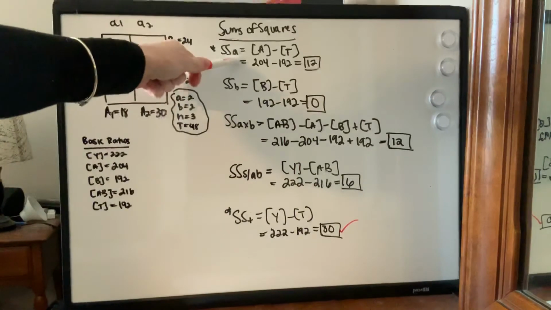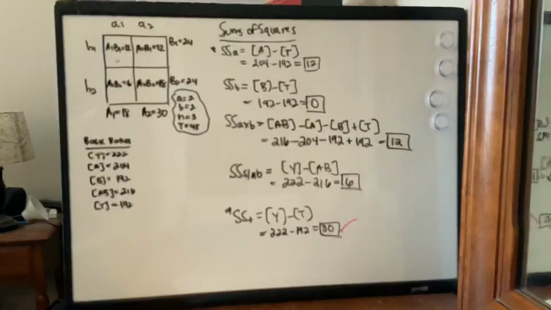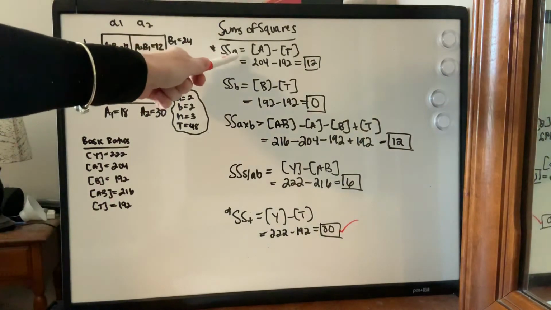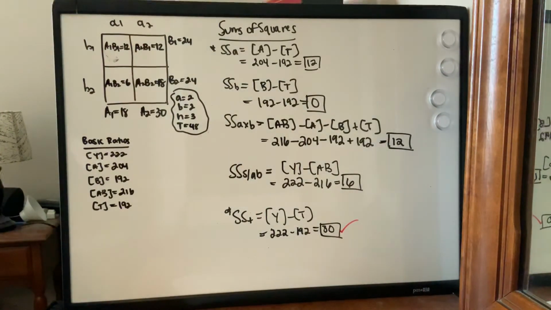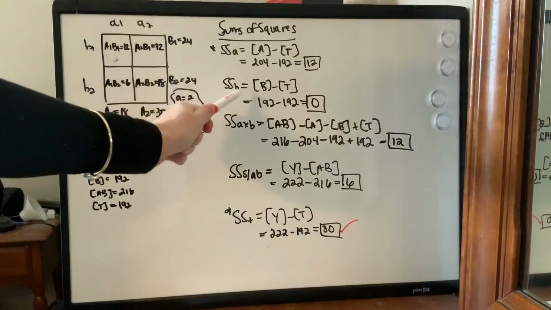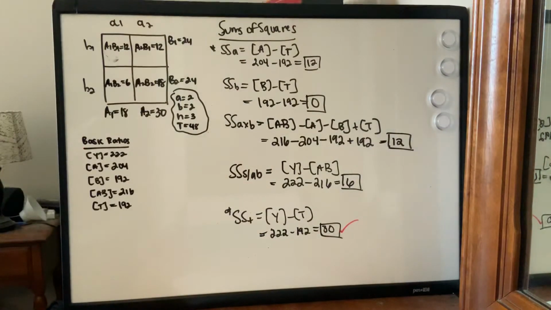So the sum of squares for A, once we get to the mean squares and the F ratio, is going to be looking at the effect of A, which in this problem is alcohol. B is going to be looking at the main effect of B, which in this problem, our independent variable B, is gender.